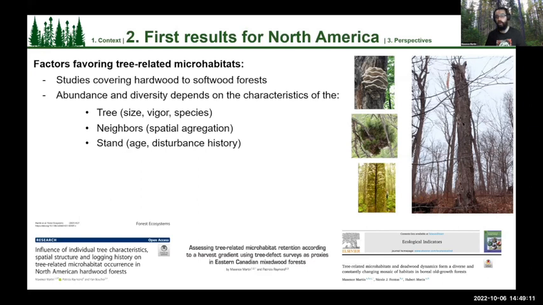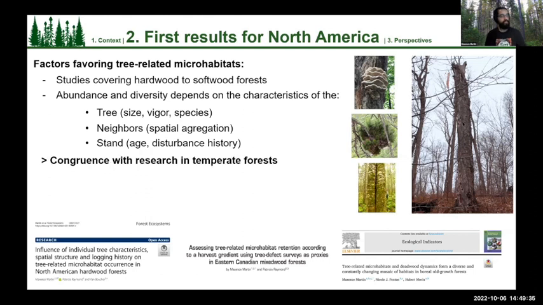And it also depends a lot on the stand, for example, the stand edge, because we observe more microhabitats in old-growth forests, but also the disturbance history, either natural or anthropogenic, meaning that even within old-growth forests, we can have very different composition in tree-related microhabitats, depending on the different history of the old-growth forests.